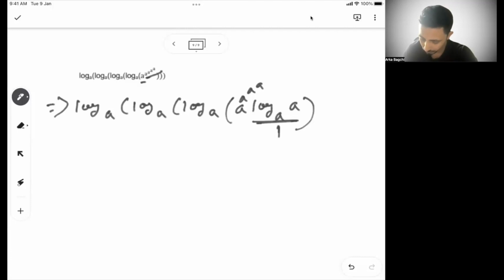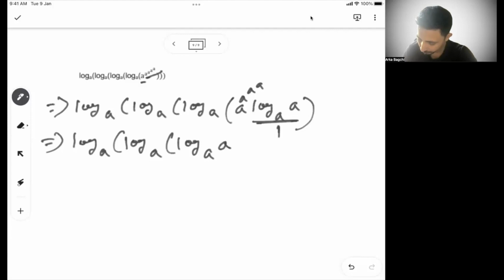Okay. So then from here we can say log of A base A, where 3 times there is a power in A. There are 3 A's in the power.